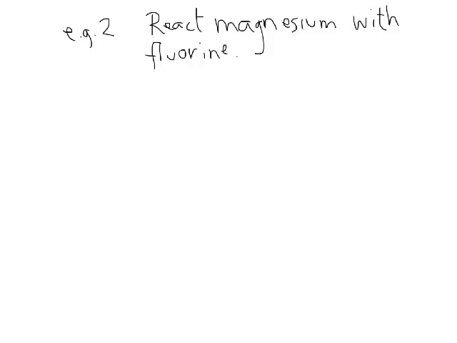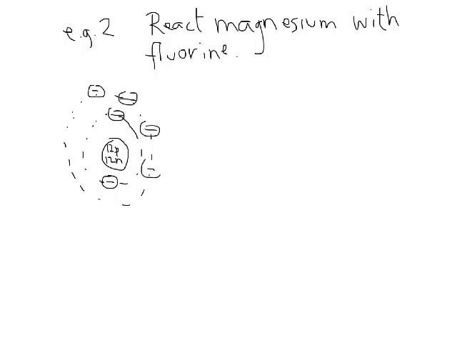So magnesium sitting down here. Magnesium has got 12 of each, 12 protons, 12 neutrons. It's got 12 electrons. We'll stick a couple in the K shell, give it an L shell with 8 more: 1, 2, 3, 4, 5, 6, 7, 8.